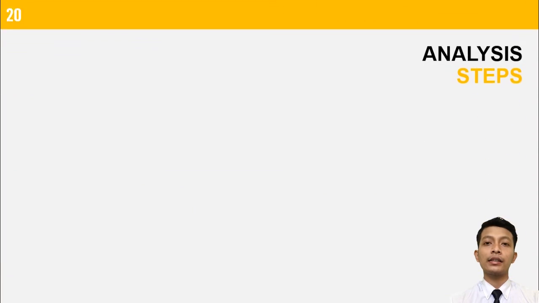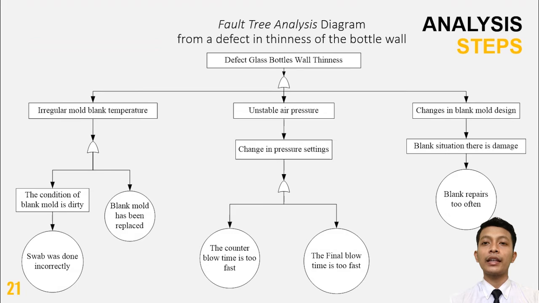For the analysis diagram, the defect in the thickness of the bottle wall, the glass bottle wall thickness defect, is caused by irregular mold blank temperature, unstable air pressure, and change in blank mold design. Irregular mold blank temperature is caused by the condition of the blank mold being dirty, and the blank mold having been replaced. The dirty blank mold is caused by the swap being done incorrectly.